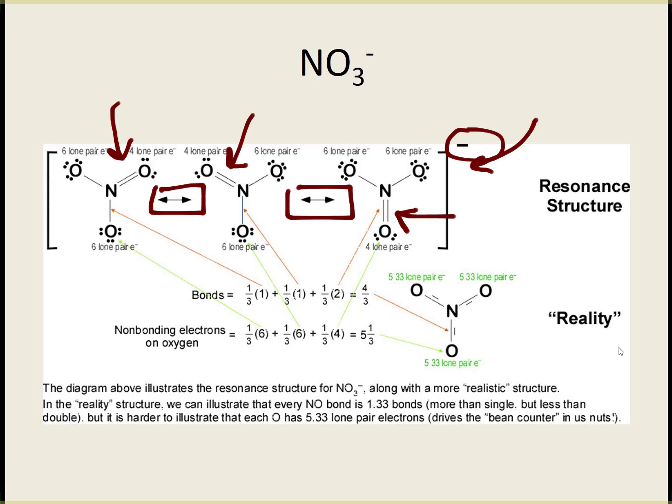Those electrons are moving around that nitrogen. The reality is it's more like a 1.3 bond, so 1 1/3 bond between each oxygen and the nitrogen. But you would draw all the resonance structures with these three resonance structures connected with a double-headed arrow.